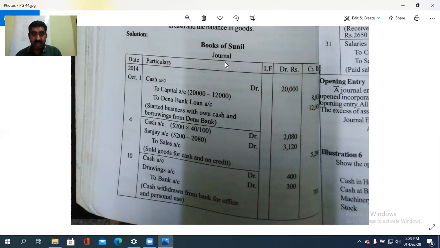So how much? 40% of 5,200 is the cash sale, that is 2,080, and 5,200 minus 2,080 is 3,120. That is the sold goods for cash and credit, 5,200. So cash account debtor, Sanjay debtor to sales.